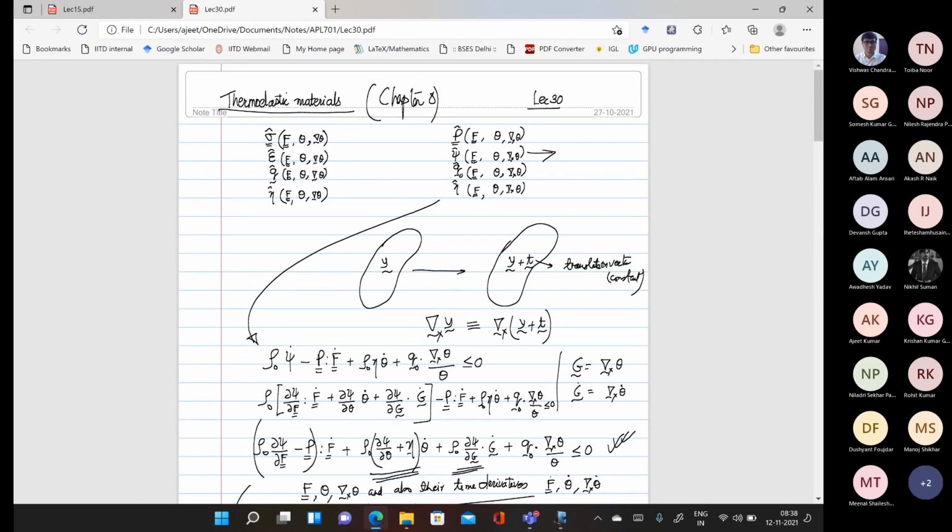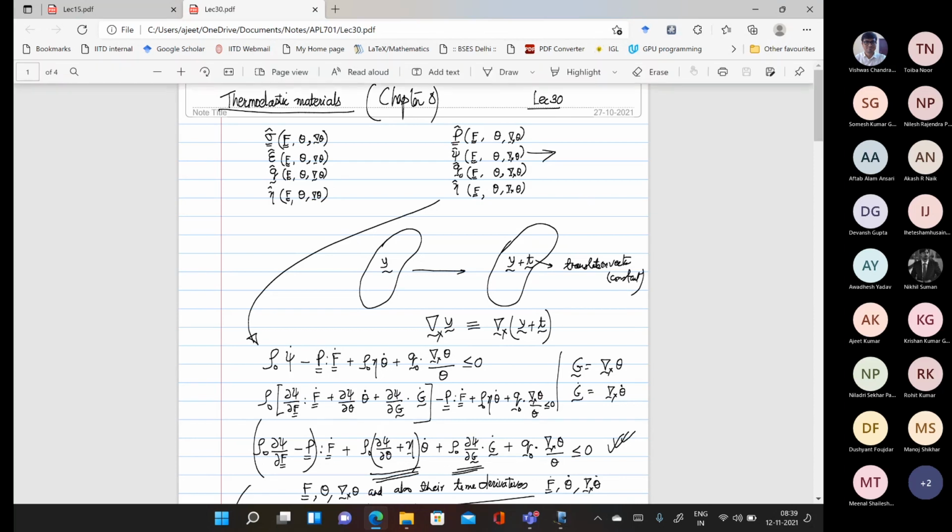But if you had internal energy, and you use the second law of thermodynamics reduction, you won't be able to get both P and eta just from internal energy. Okay, understood. But if you want to indeed use internal energy, then you have to think of internal energy being a function of F and eta.